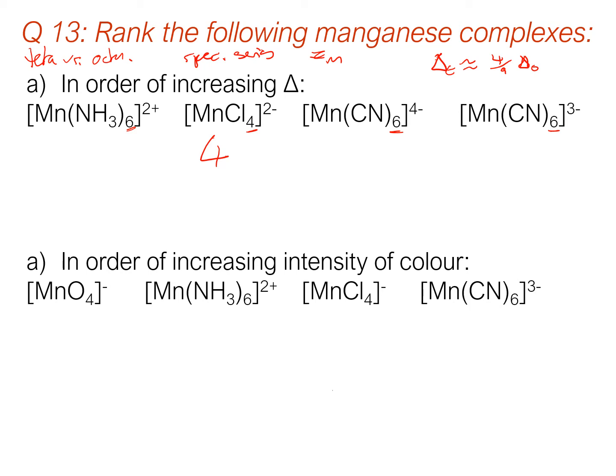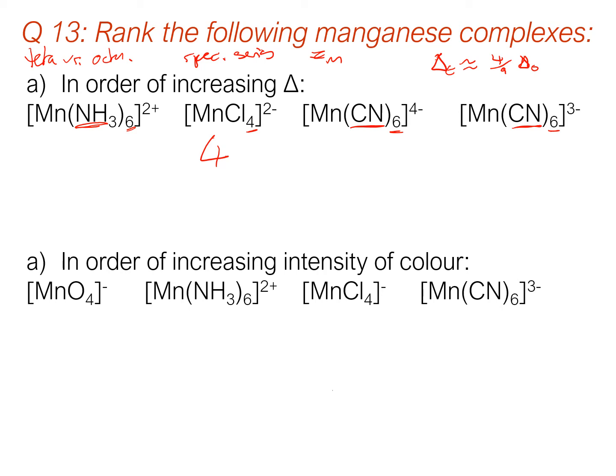Next up, we're looking at the difference in ligands. So this one has an ammonia ligand, and these have 2 cyanoligands. Now, if we look at the spectrochemical series, which you'll remember shows us whether we've got weak field or strong field ligands, and stronger field ligands give a larger splitting energy, so a larger value of delta.